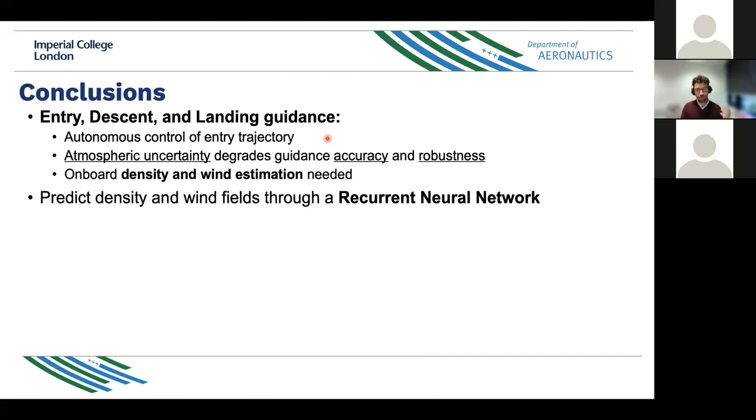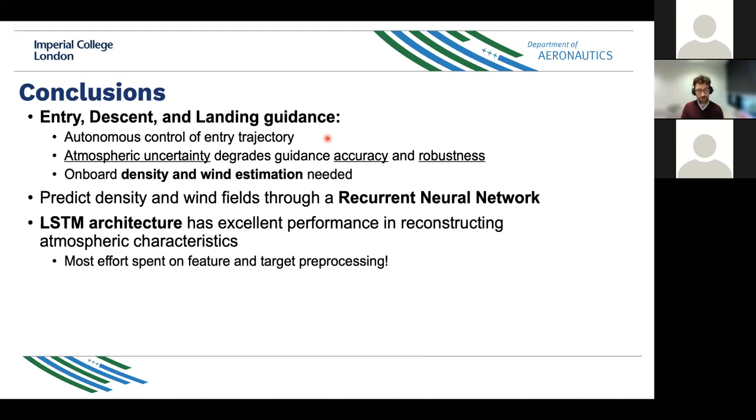We chose to use a recurrent neural network for these kinds of predictions, and in particular an LSTM architecture, which has shown excellent performance in reconstructing density and winds. One thing to note is that I've been told that this is usual, but most of the effort was actually spent on pre-processing the features and targets.